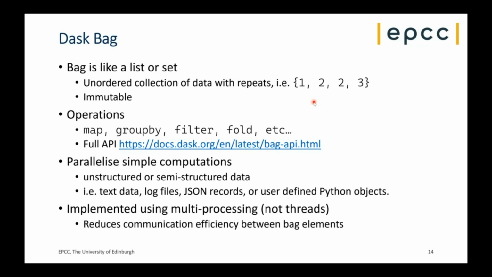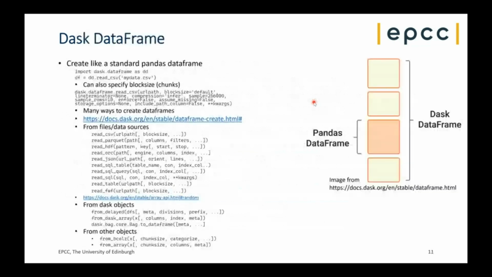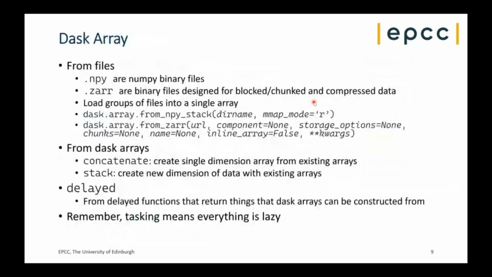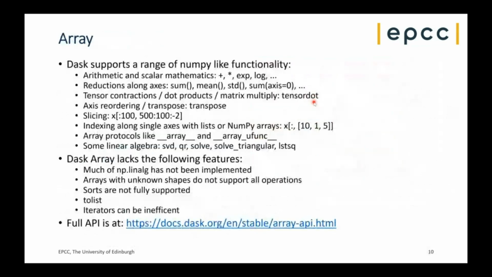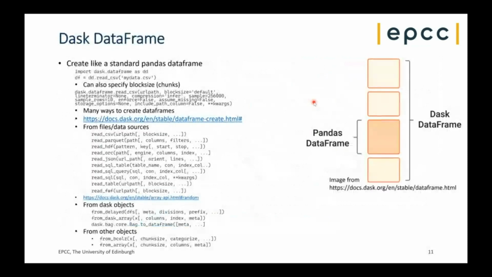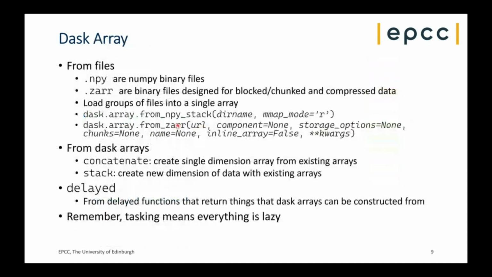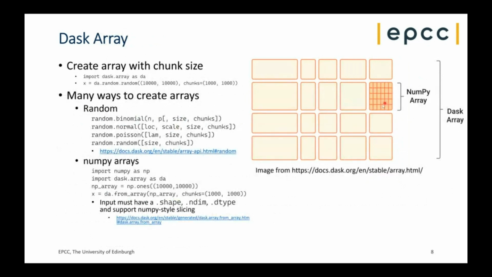The way Dask gets away with parallelism for the Dask array and the Dask data frame is that it can distribute each one of these chunks to a different compute node or a different worker on the same compute node. And then inside each one of these chunks, it can use the underlying functionality, so Pandas functionality or NumPy functionality, to do the parallelism here.